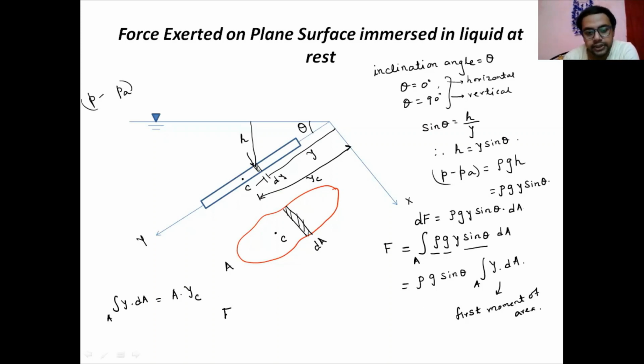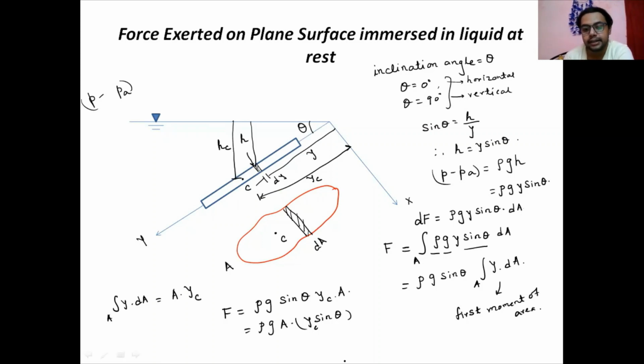So the F value, the force exerted on the plane surface immersed in the liquid at rest, is rho g sine theta yc into A. So rho g A into yc sine theta. So yc sine theta means, here there is a yc, so the depth is the hc.